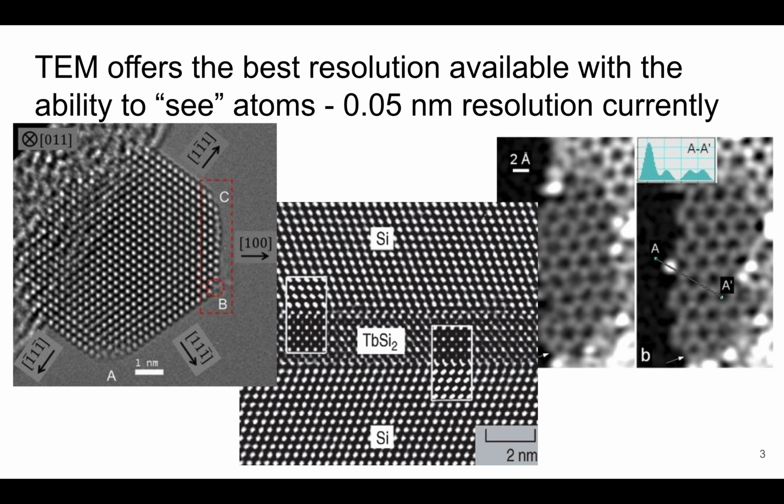And I have that in quotes because technically we're not looking at the atoms, we're looking at the diffraction of a column of atoms, but we get the information so that more or less we're looking at atoms. Currently, when these slides were made, the resolution was 0.05 nanometers. So again, on the atomic scale, we're able to see these columns of atoms and determine structure and so forth in the material.